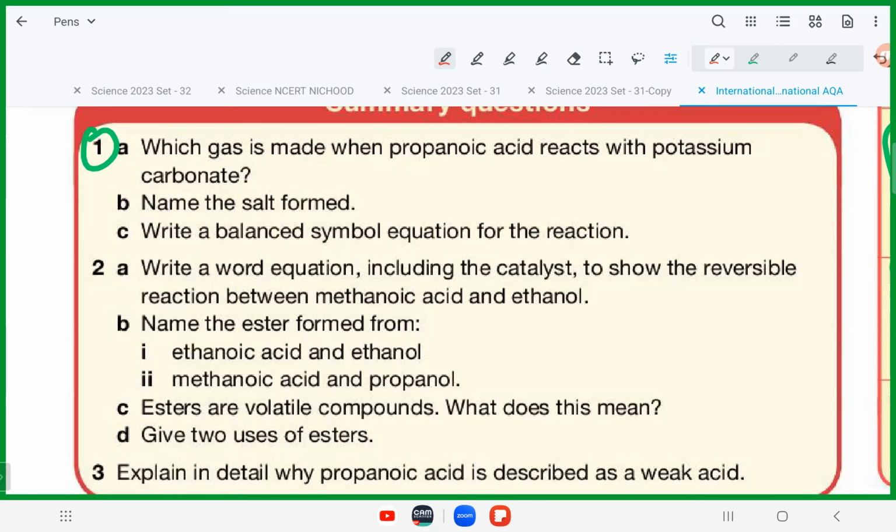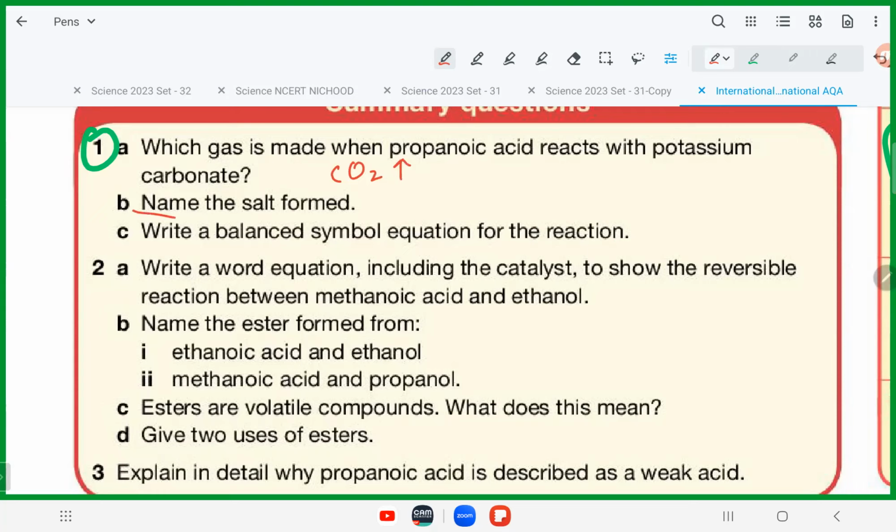Which gas is made when propanoic acid reacts with potassium carbonate? Which gas will be released? Carbon dioxide. Very good. Carbon dioxide.